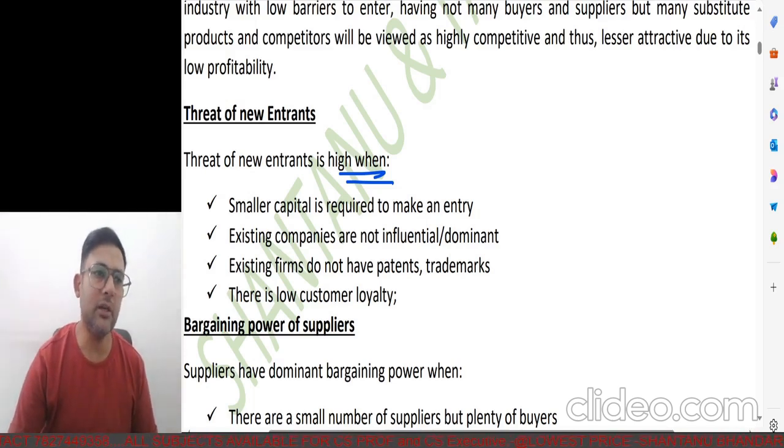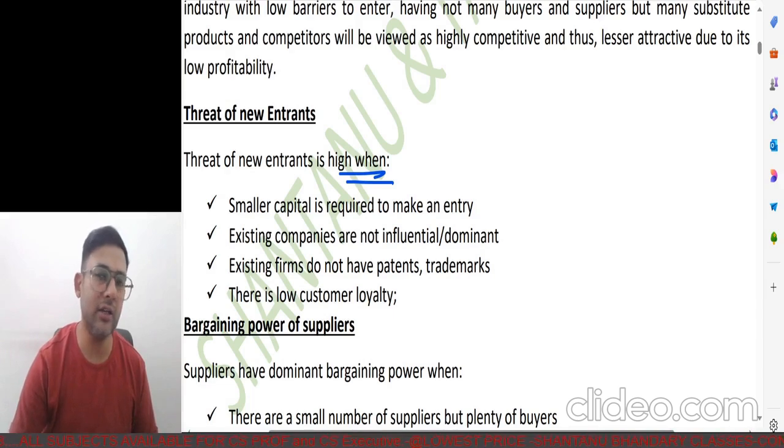So, for example, if we count in India, there are just a handful of telecom companies, right? If you try and name them, then probably you would be able to name all of them on your fingertips, because there are not too many companies in India in the telecom sector. But then if you want to enter the telecom sector, I think the first thing that will come to your mind is the presence of those big players, Reliance in the form of Jio, or Airtel, or Vodafone Idea.